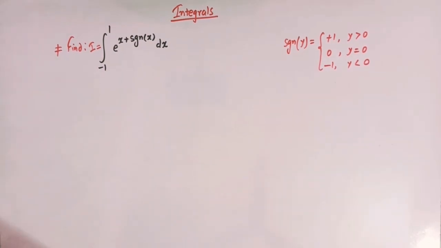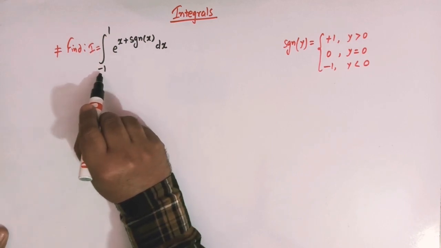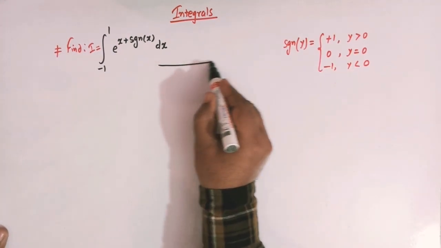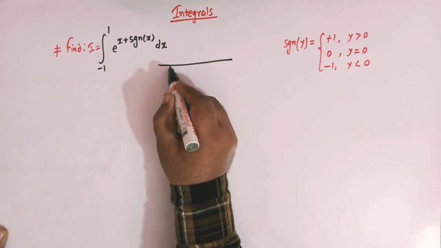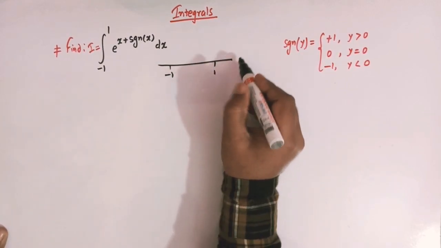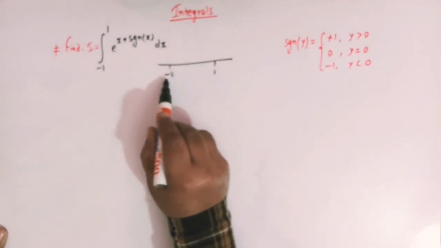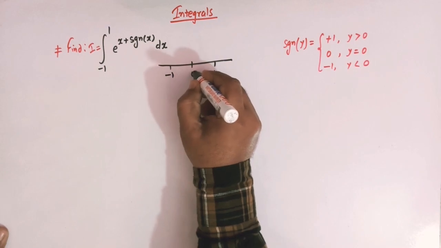Now let us first see the limits here. The lower limit is -1 and the upper limit is 1. Representing the numbers -1 and 1 on the number line, we see that between -1 and 1 we have the integer 0.